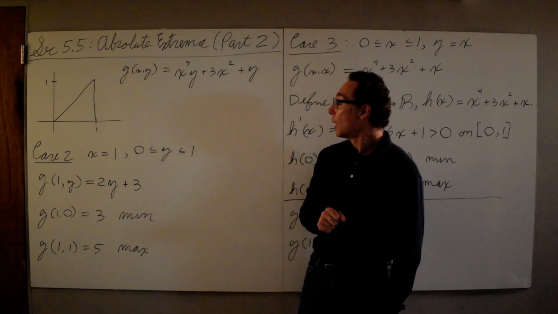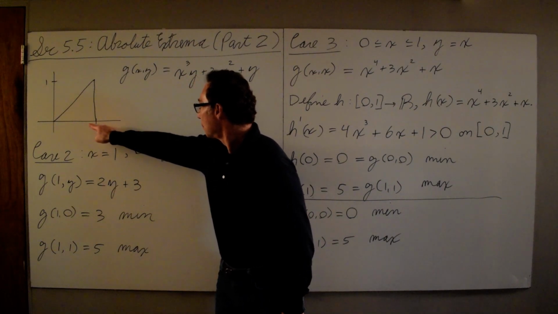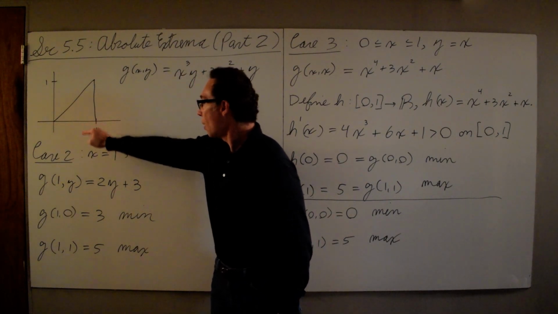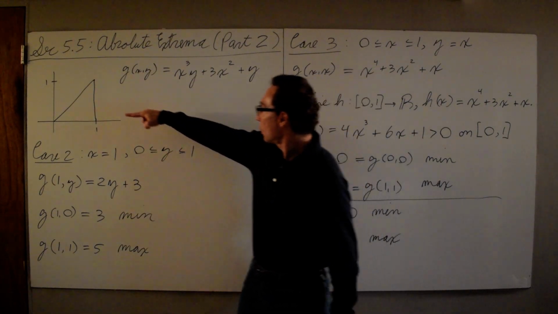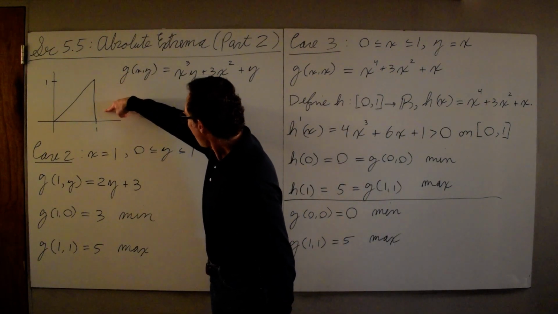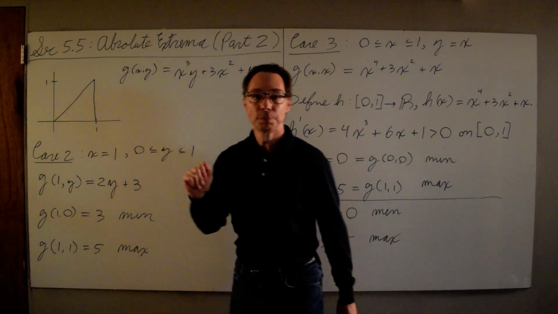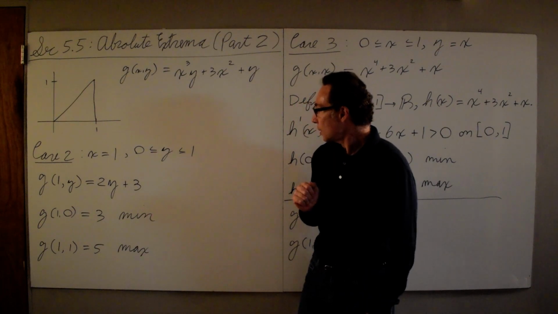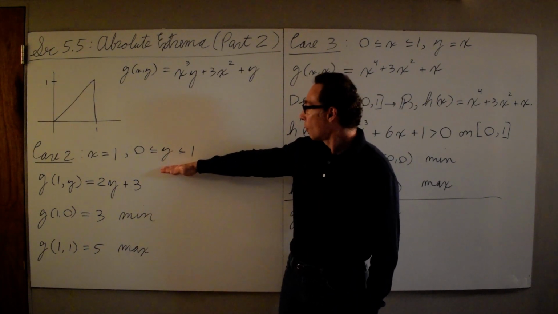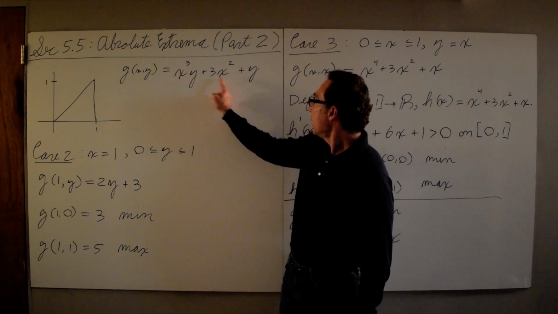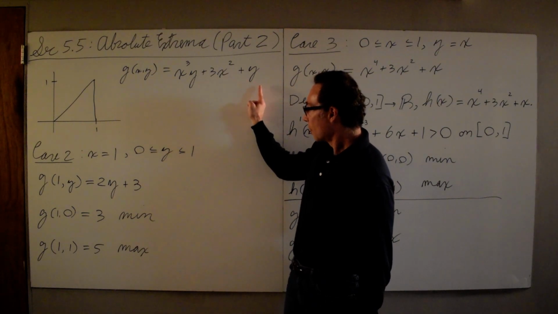In the previous video, we looked at this part of the boundary, where x is between 0 and 1 and y is 0. Case 2, we're going to look at the vertical line, x equal to 1 and y between 0 and 1. So g of (1,y), x will always be 1 along that line, is y plus 3 plus y.